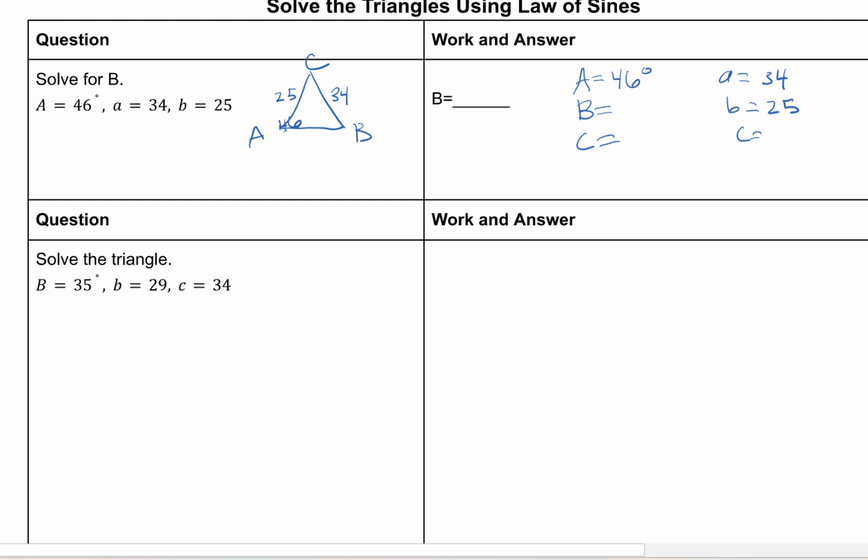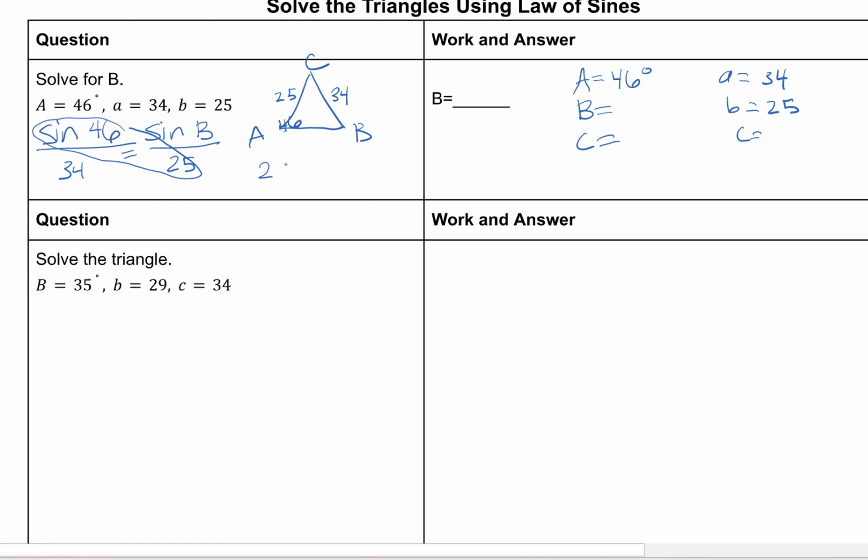So to do that, I'm going to set up a proportion using the law of sines. The sine of 46 divided by 34, because that's the sine of A over little a, and then we've got the sine of big B, which is the angle B, over little b, which is 25. To solve this, I'm going to cross multiply.